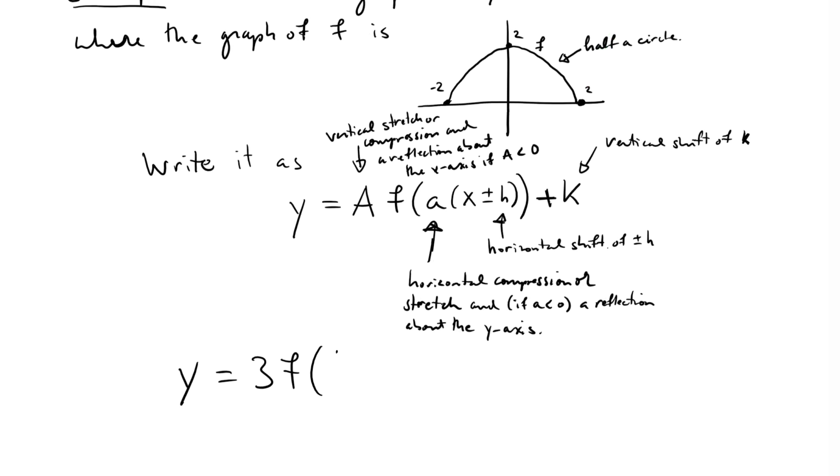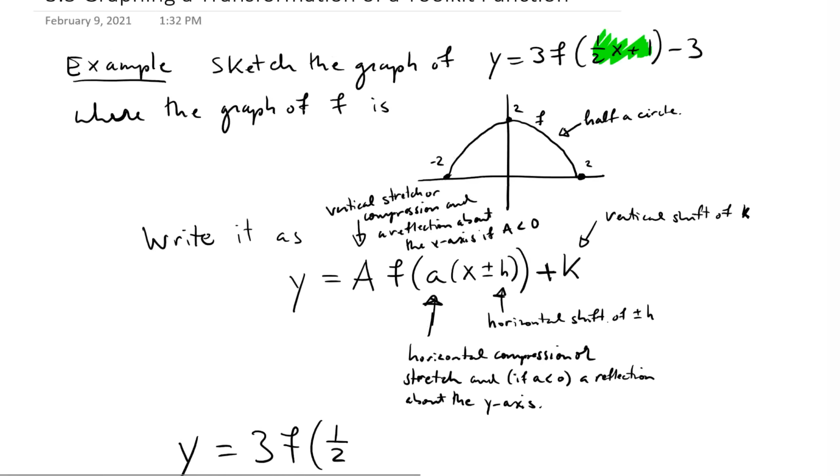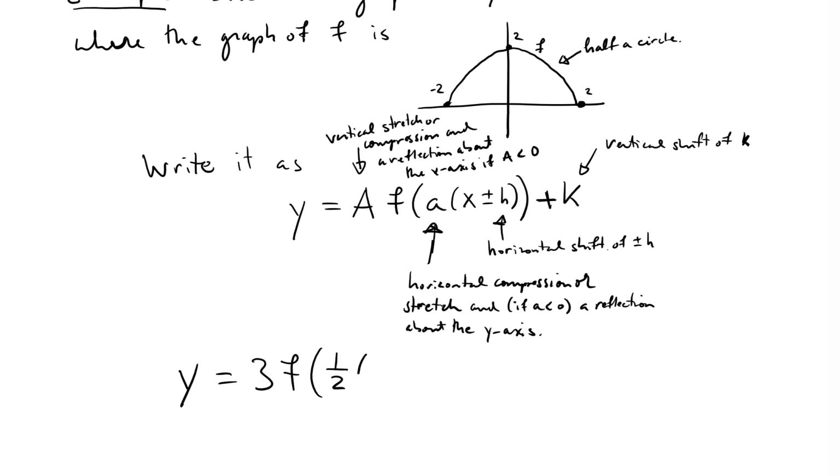F of, and this is where I factor what's in front of x, so it gives me x plus 2 here. The 1/2 will be responsible for a horizontal stretch of 2. X plus 2 will shift the graph 2 units to the left.